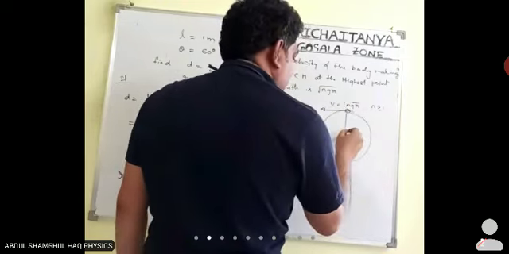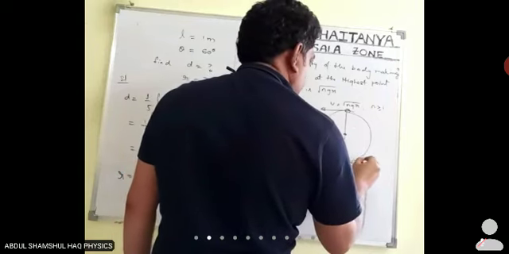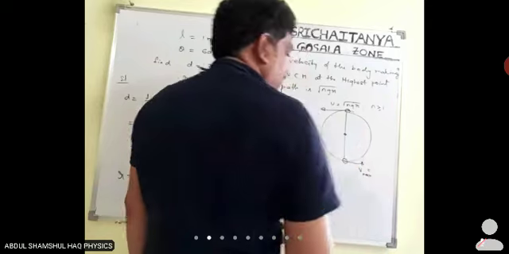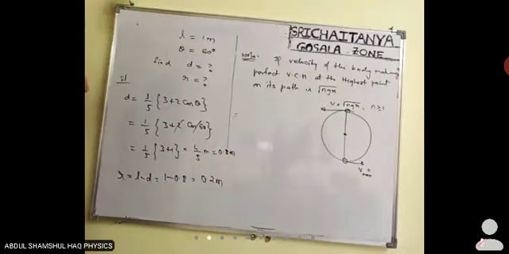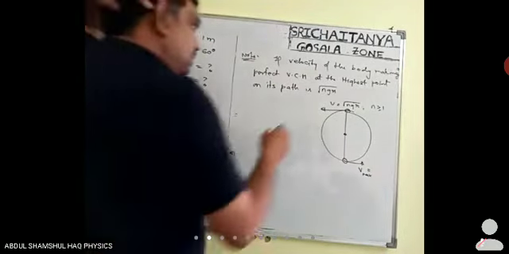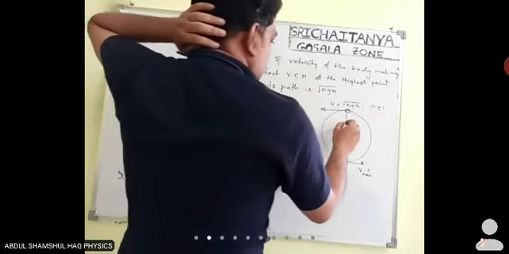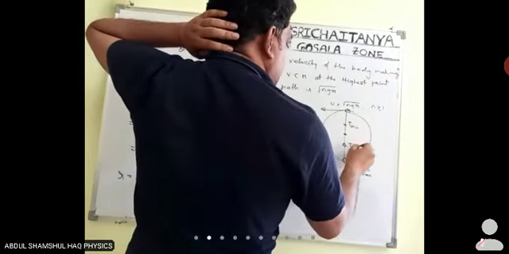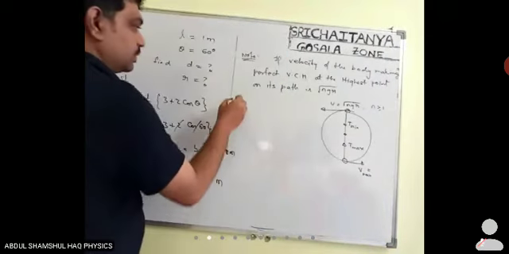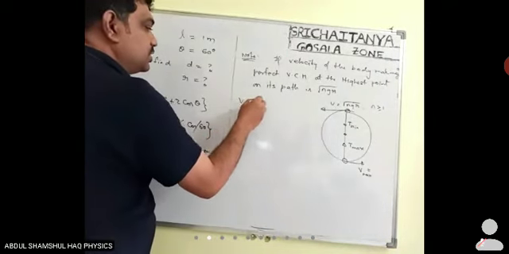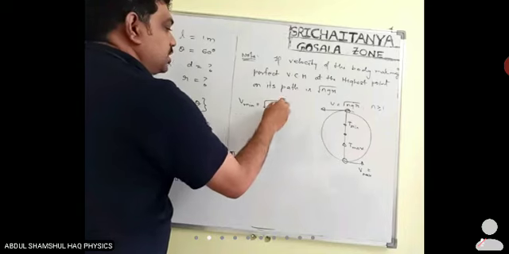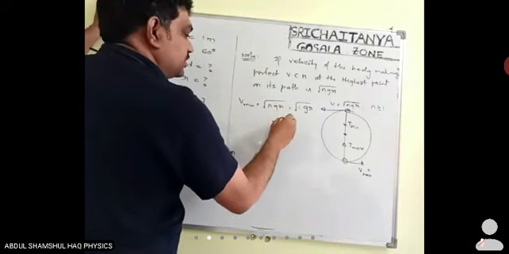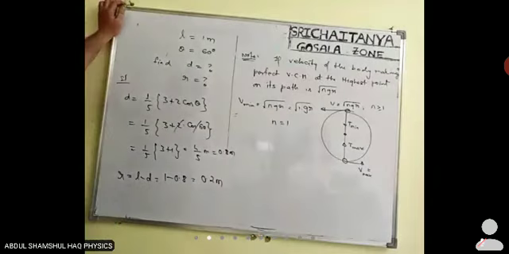N can be greater than or equal to 1. What is the maximum velocity? Students, if I compare, at this point tension is minimum, and here the tension is maximum. The minimum velocity is root ngr. We know very well it is root gr, then what is n equal to? n equals 1.